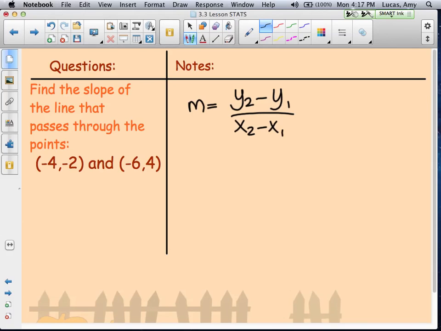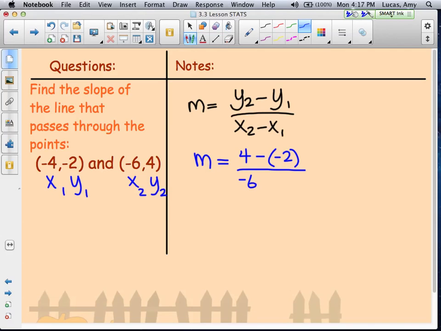And again, I'm going to label my ordered pairs. XY, first ordered pair. XY, second ordered pair. Y2 in this problem is 4 minus Y1 is negative 2. Notice I put the negative number in parentheses.